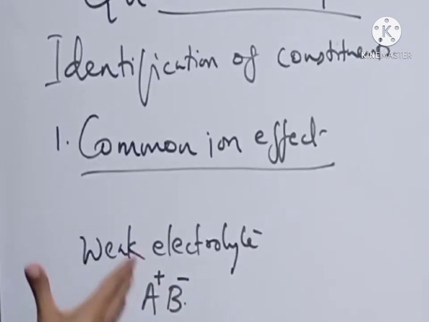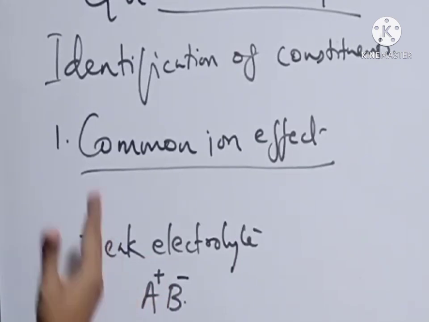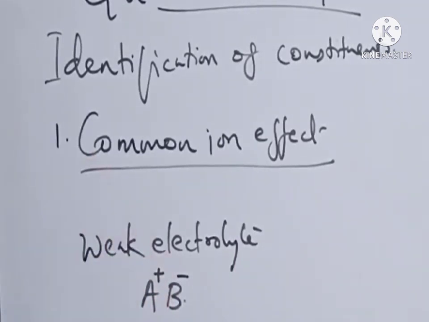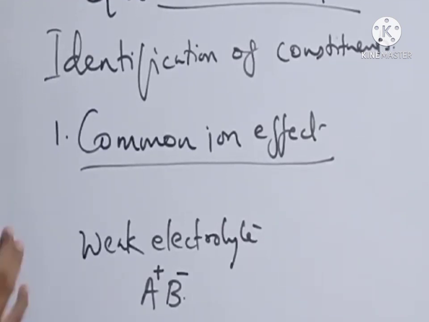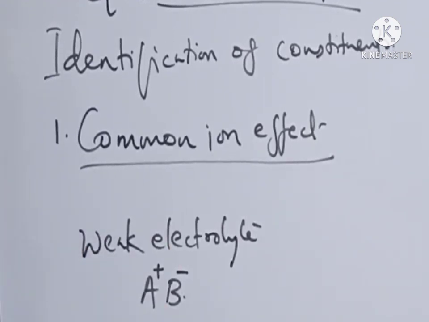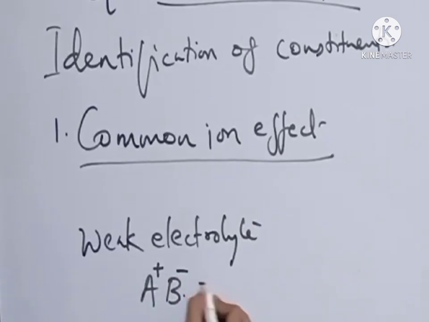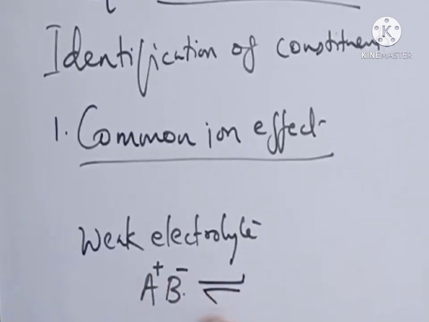So dissociation of the electrolyte AB gives A plus ions and B minus ions. Since this is a weak electrolyte, the dissociation is not complete.